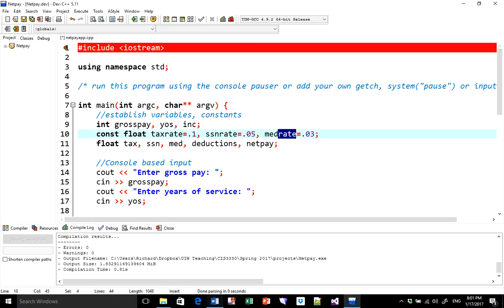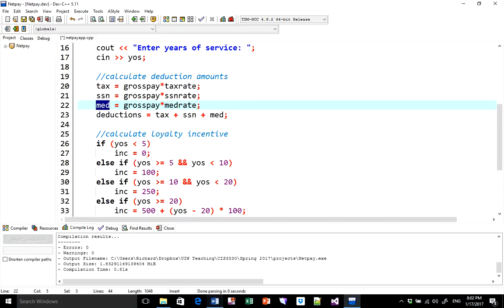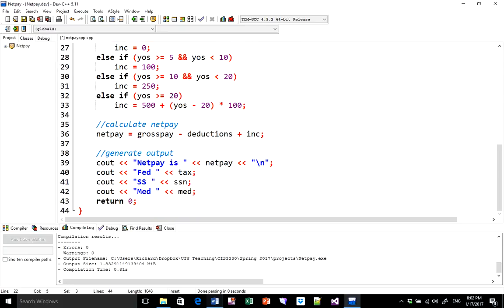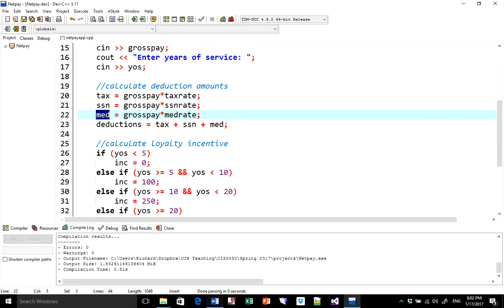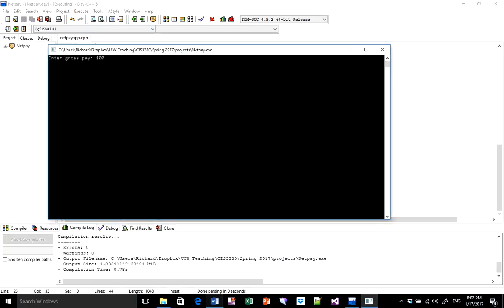I was using this value instead of using the calculation here. Here it says med rate earlier. Okay, let's make sure that I'm using the right one.